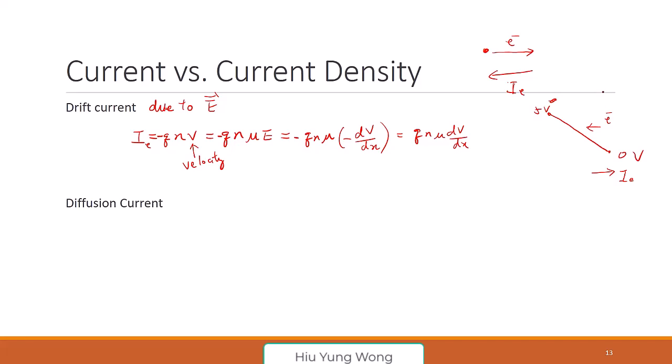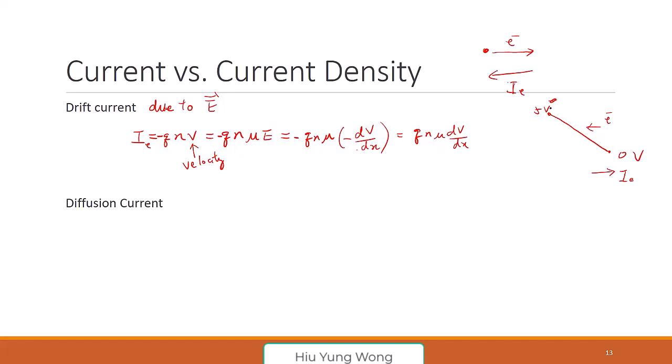Somehow, the current of electron, right, going from the velocity of electron. If the electron goes to the right, then the current is going to the left, so it is negative. But velocity is mu times E, and E is negative dV/dx.